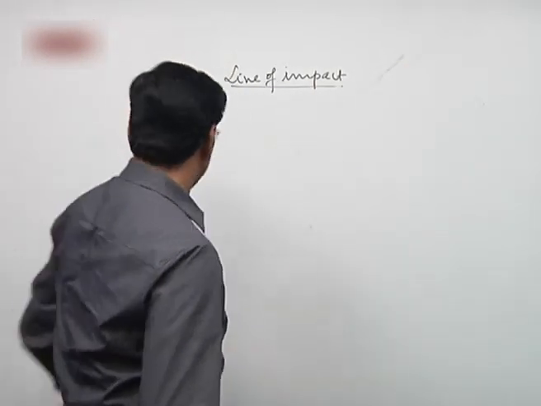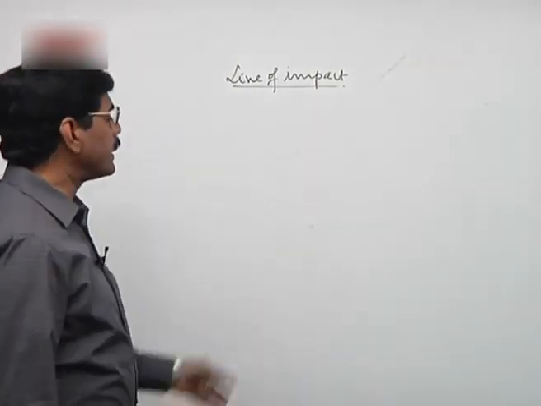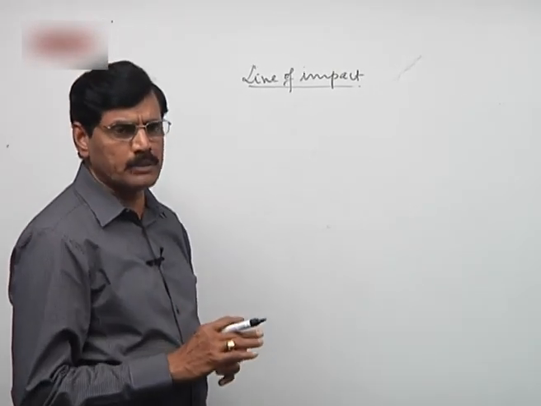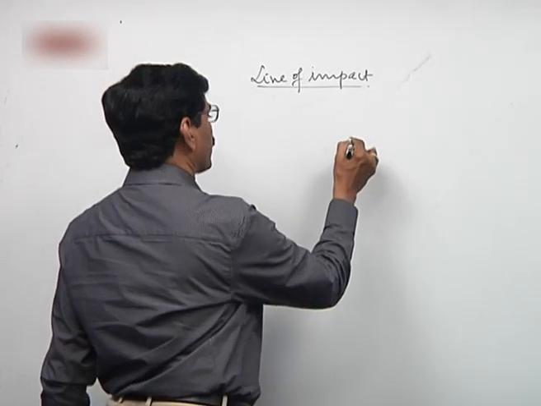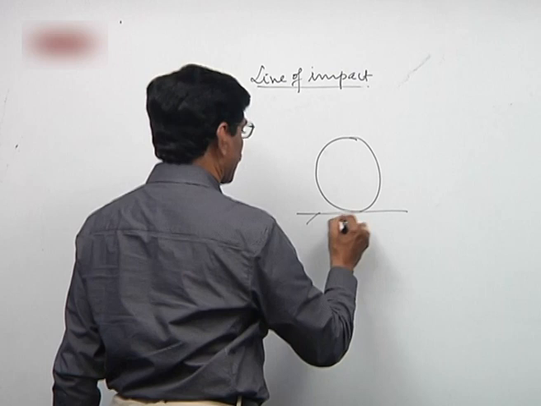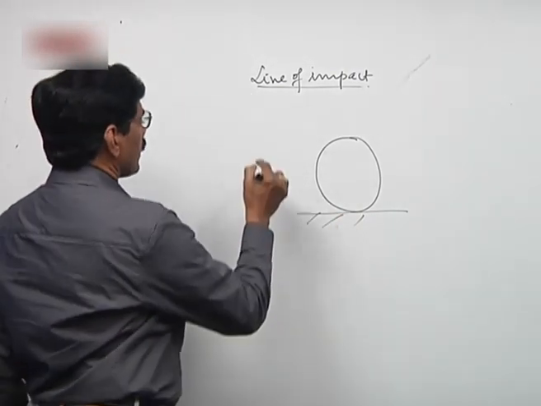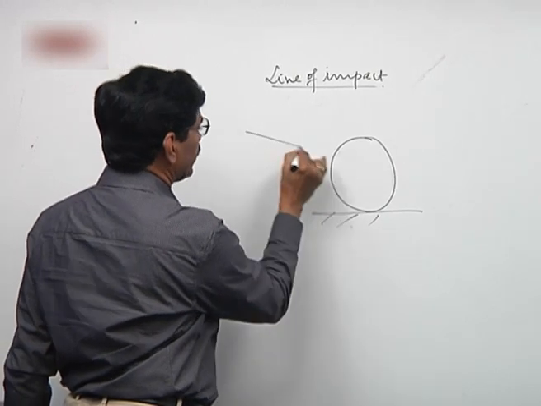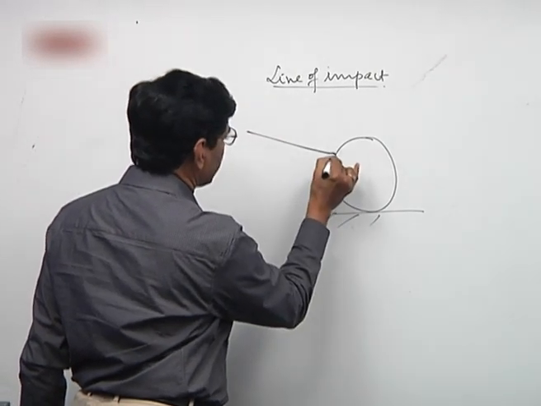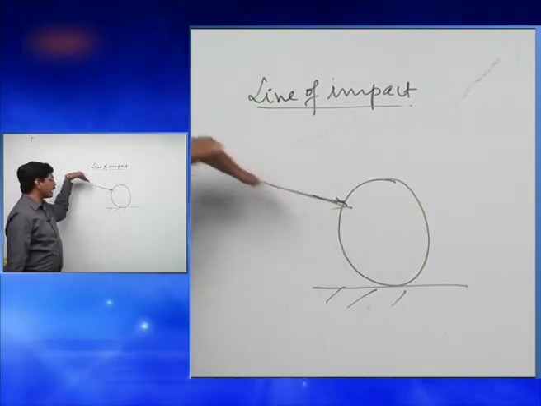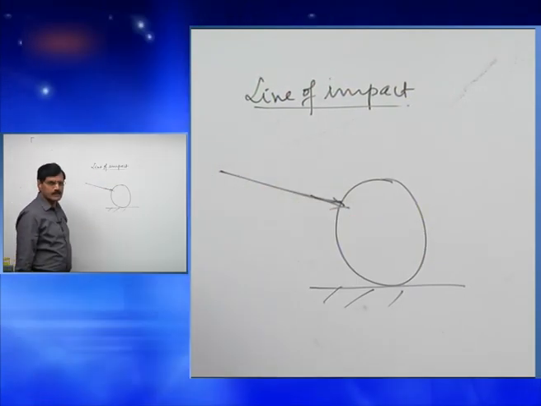When one of the bodies is at rest, say for example, we have a sphere resting on the surface. If a stick, that is a cue, is hitting it in this direction, then the impulse direction or interaction force direction is this.